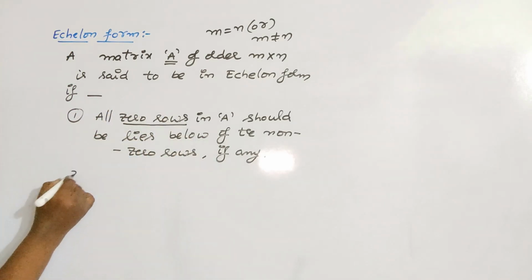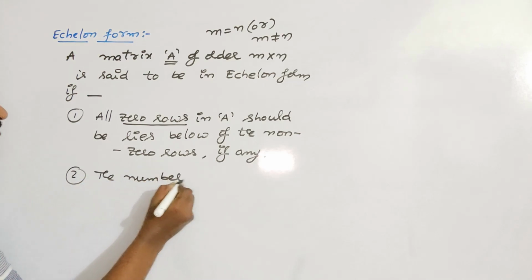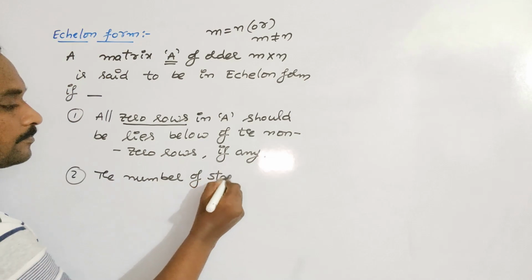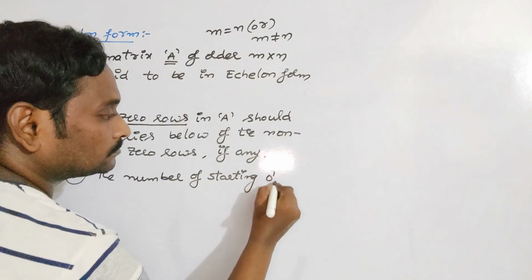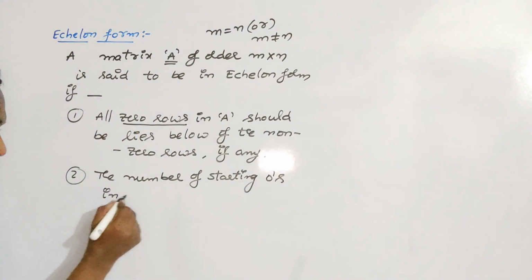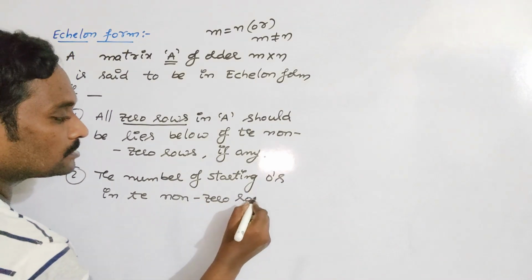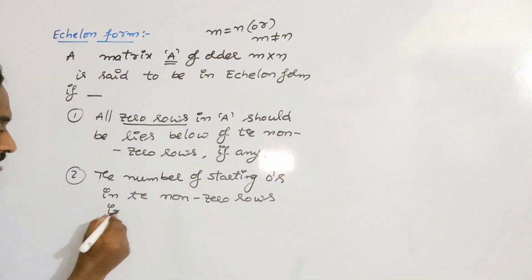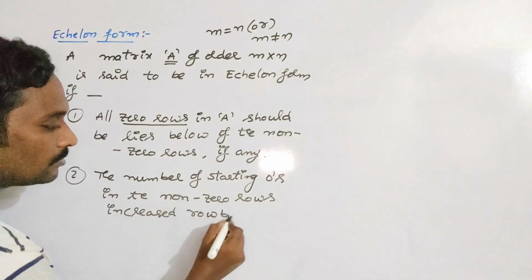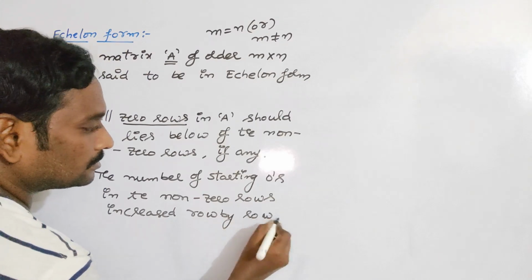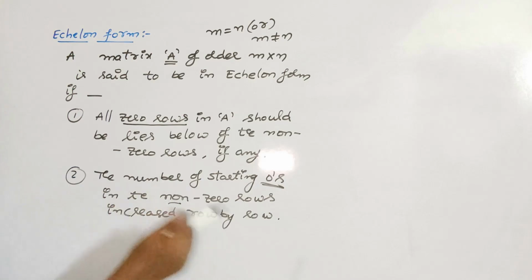Don't forget it. Second condition, the number of starting zeros in the non-zero rows should be increased row by row.